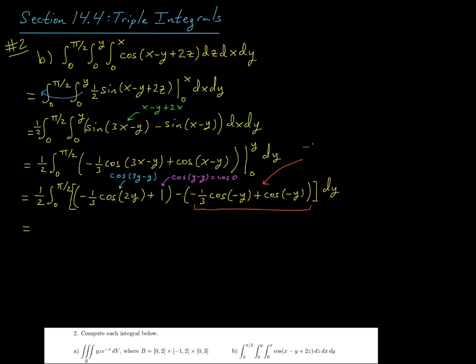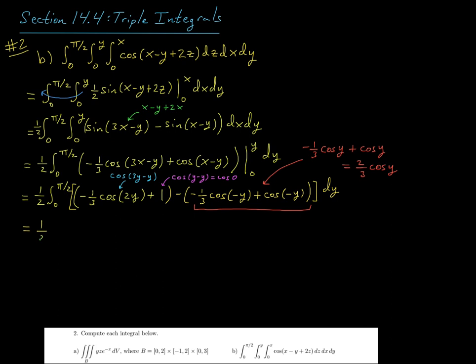So this is really minus 1/3 cos of y, and then I'm going to have plus the cos of y, again because cosine is an even function, and so that simplifies to 2/3 times the cos of y. Okay, so that's nice, a little bit of a simplification.